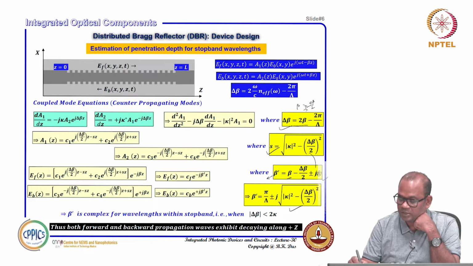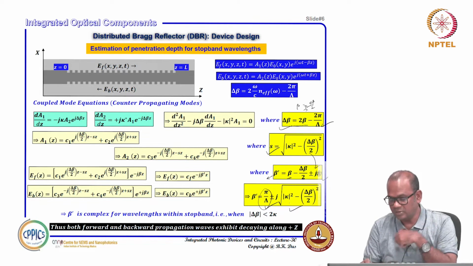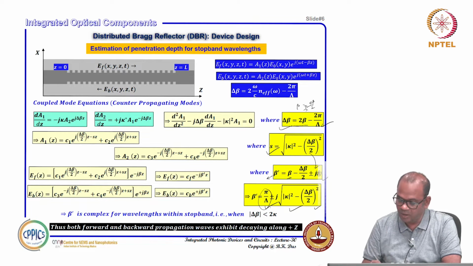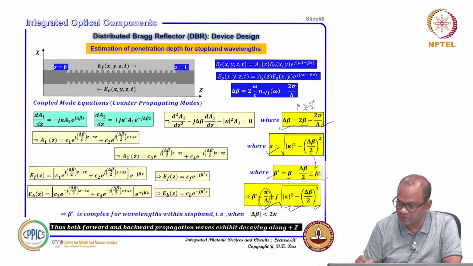So I am putting the S value here, and beta minus delta beta by 2 equal to pi by lambda. From this equation you get pi by lambda, capital lambda, plus minus j over this one. Now see this equation: pi by lambda is a real value, and plus minus j, this part is the imaginary part.